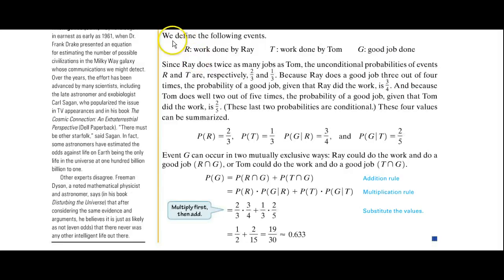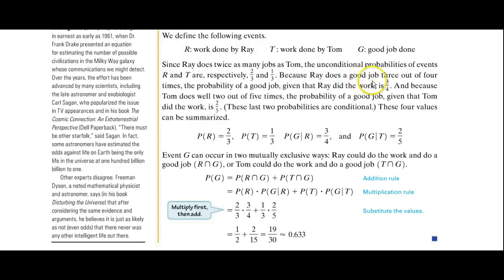So as we start to analyze this, we'll let R equal work done by Ray, and T work done by Tom, and G for the good job done. Since Ray does twice as many jobs as Tom, the unconditional probabilities of events R and T are respectively 2 out of 3 and 1 out of 3.